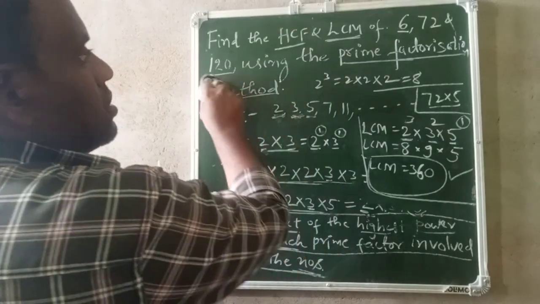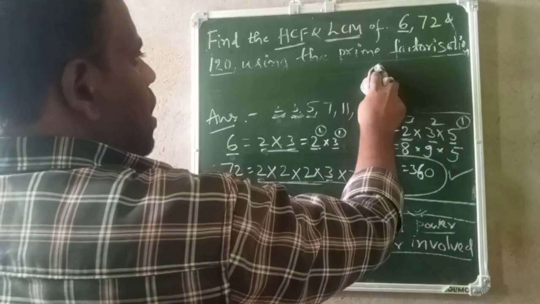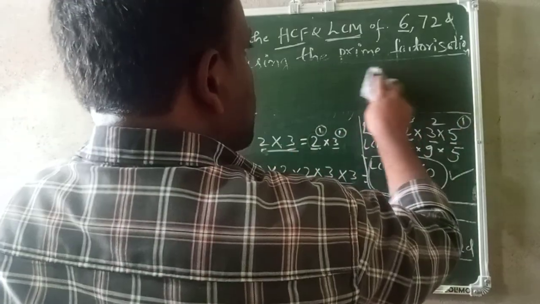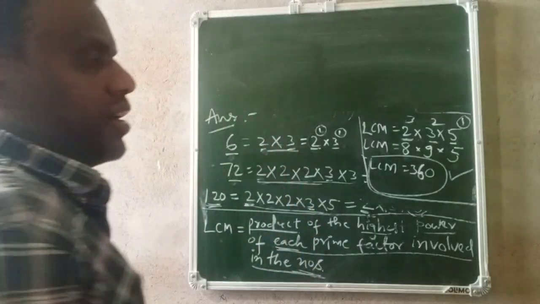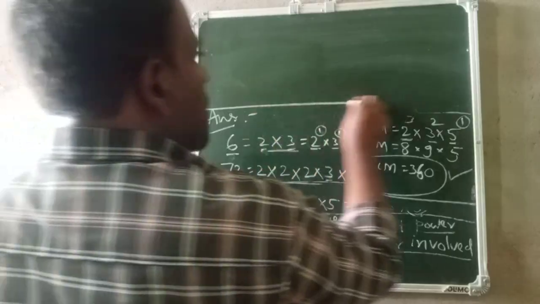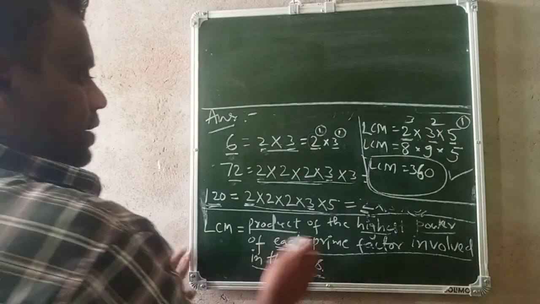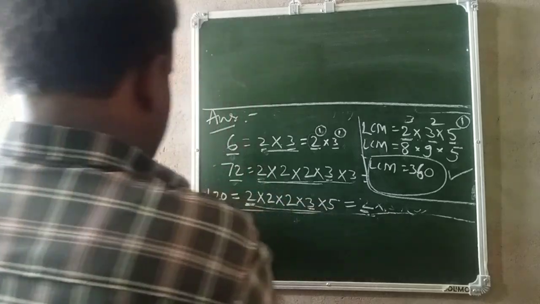So I will just erase this question part. Okay. Yeah. So any previous content if you want to see, you can move the video backward. I will write the definition for HCF here.